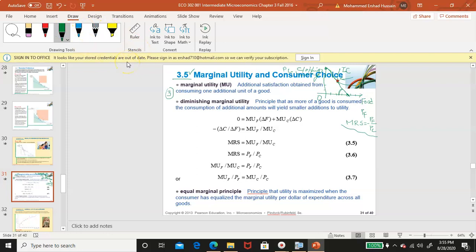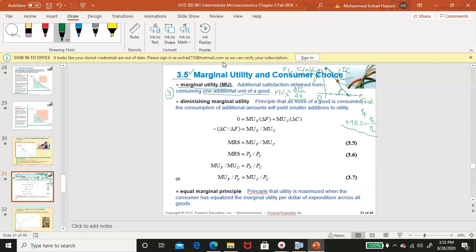Okay, so let us now explain this same thing in another concept. So we see marginal utility, MU, let us define it. Additional satisfaction obtained from consumption of one additional unit of a good. So marginal utility of X will be how much total utility changes when the consumer consumes one more unit of X. Look at that ratio.